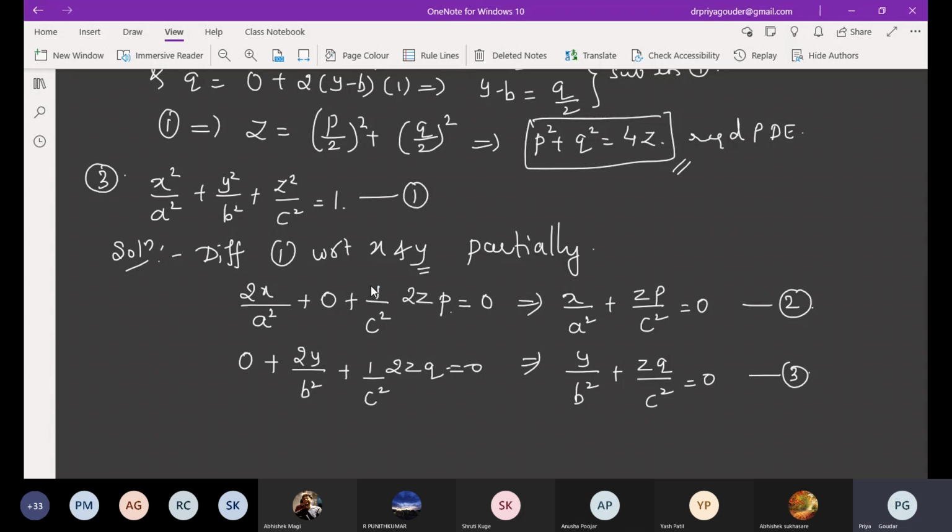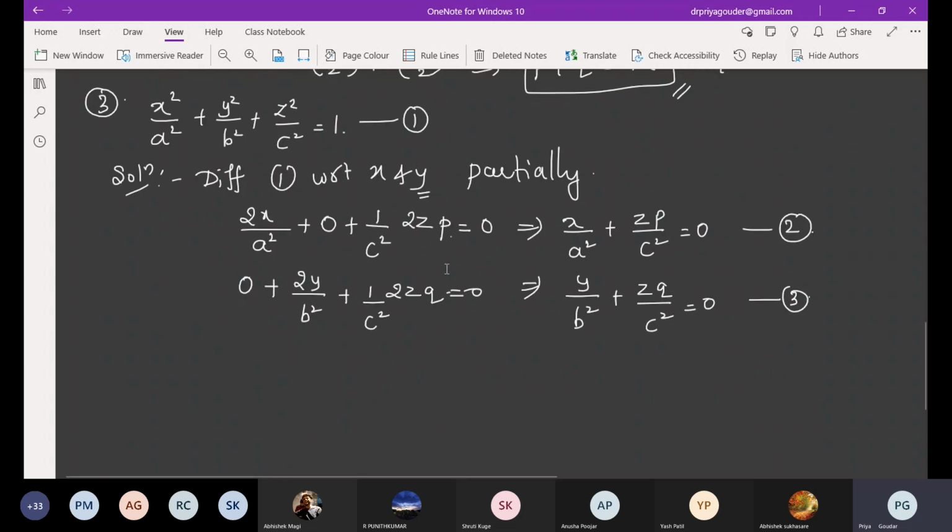Okay. So what we'll do is take equation 2 and differentiate it again with respect to x. Are you getting it? I'm interested in getting one differential equation. I'm telling you one process here. You can apply a different way also, only ultimately there should not be any arbitrary constant.